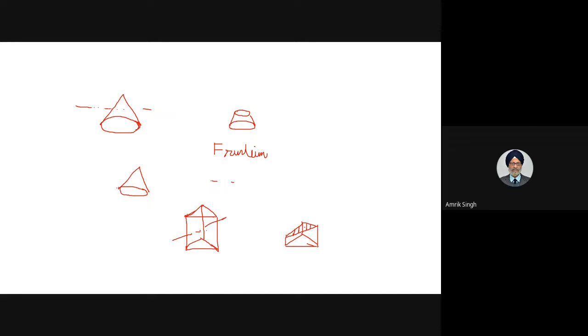Now you see the shape of this is different to the shape of base. Similarly here, this frustum is having a different area than the base. So this is also a frustum. And this is also a frustum. This is when we cut this parallel to the base.